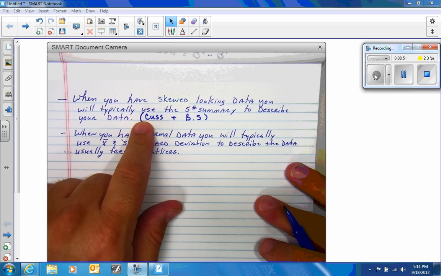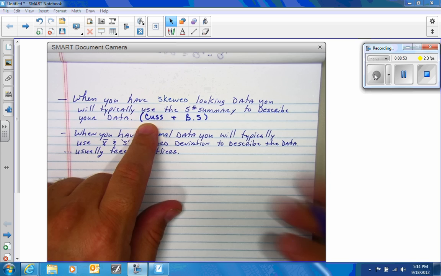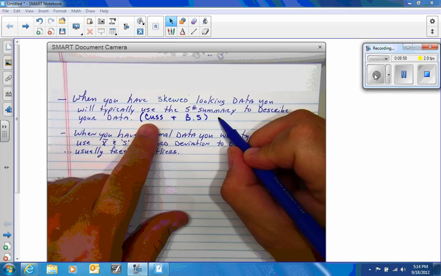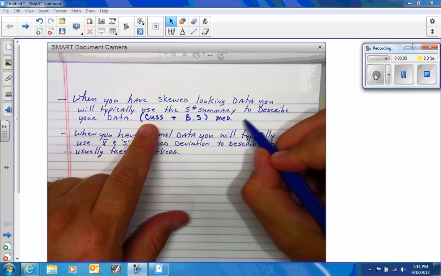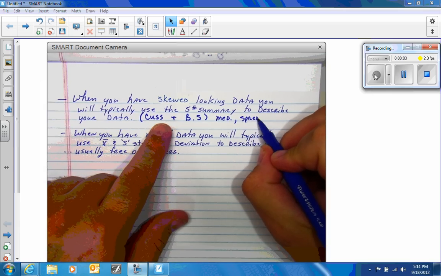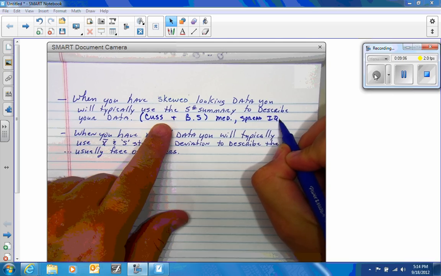Your center is going to be your median, and for your spread, you're going to use the IQR.